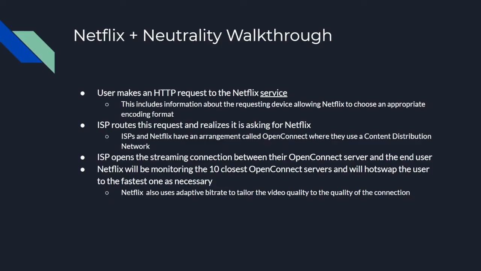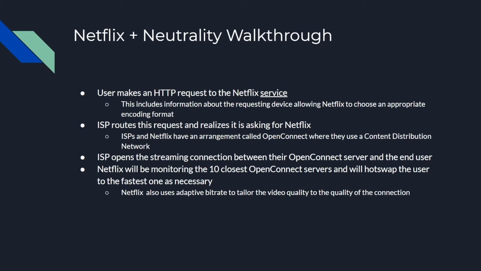So, when you go to use the service Netflix, you make an HTTP request. I highlighted service here because I think it's important to mention that Netflix does not have many physical servers at this point. They mostly use Amazon Web Services. And so whenever you access Netflix information, you're actually doing so from the boxes that are at ISPs, as I mentioned earlier.